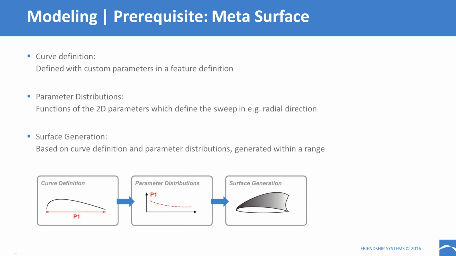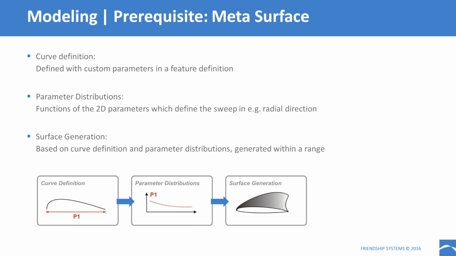So let's say we want to model a wing or the fan blade in our case. We start by defining a profile section, and this curve or section of the surface is described by parameters. For example, as you can see here, the chord length. Now, as a next step, these parameters change in the direction of the surface, so for a wing it would be the span-wise direction, or for our fan blade it's the radial direction.